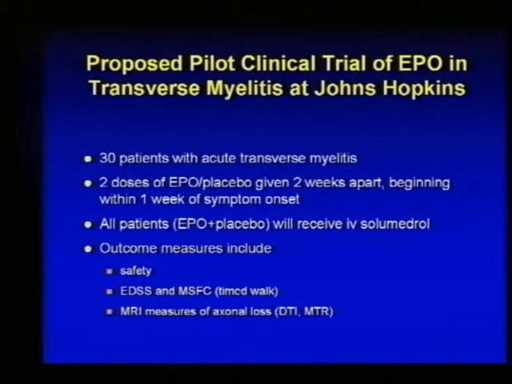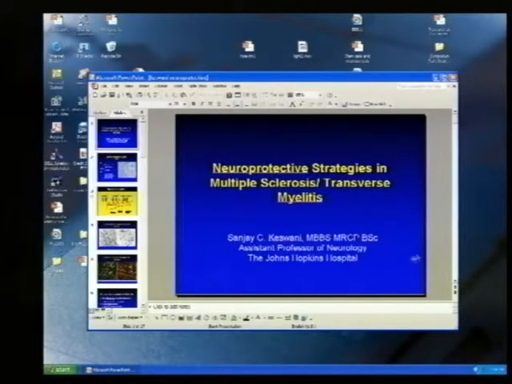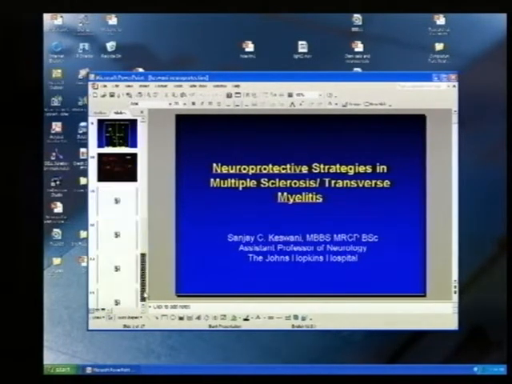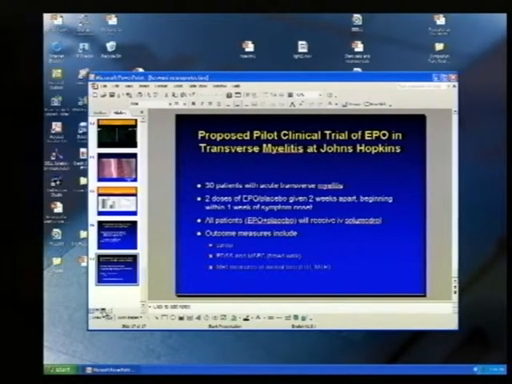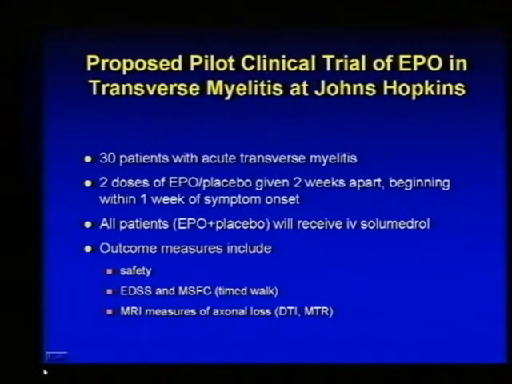This is in addition to intravenous solumedrol, so they'll get the conventional immunosuppressant therapies, but in addition get EPO or placebo. And the outcome measures we'll look at will be safety, just to make sure it's safe. We'll give 2 doses altogether of EPO, separated by 2 weeks.